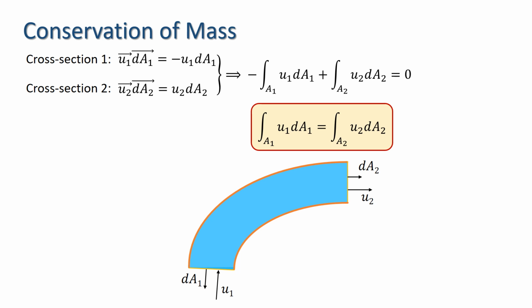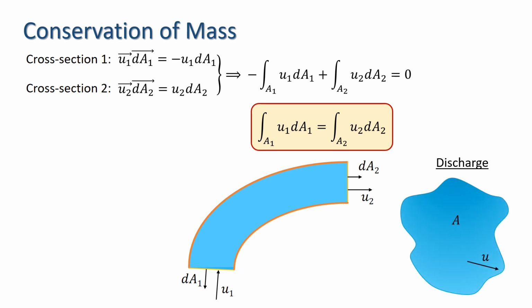We introduce the concept of discharge or volumetric flow rate. The discharge Q is defined as the integral of U dA over the surface of a control volume.